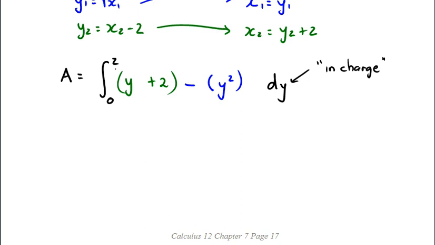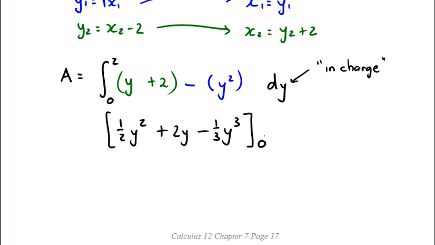So I'm trying to find the antiderivative for that. It's not too bad to do. The y would be 1/2 y squared. The 2 would be a 2y, and then this is going to be like a y cubed with a 1/3. Little evaluation box, 0 and 2. And then we'll go final minus initial. We really only have to put the 2 in, because when you put the 0 in, you get nothing.